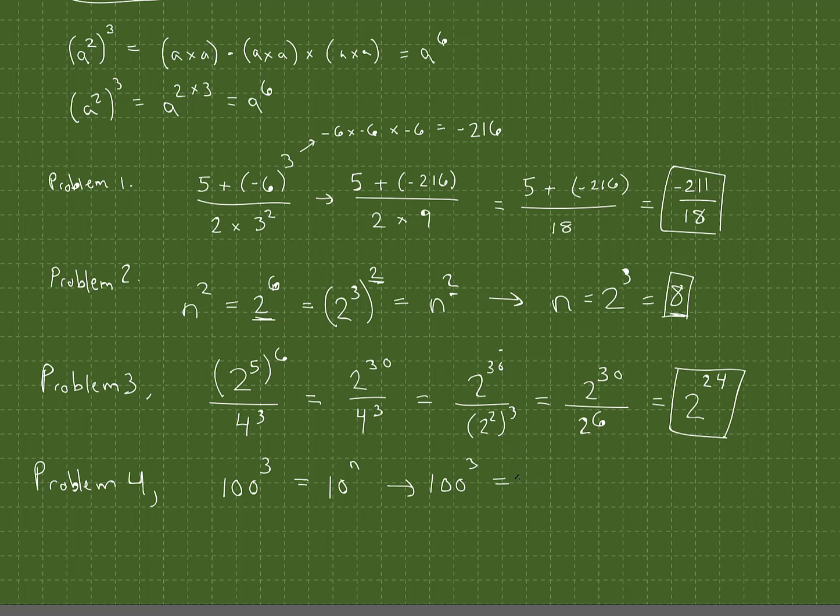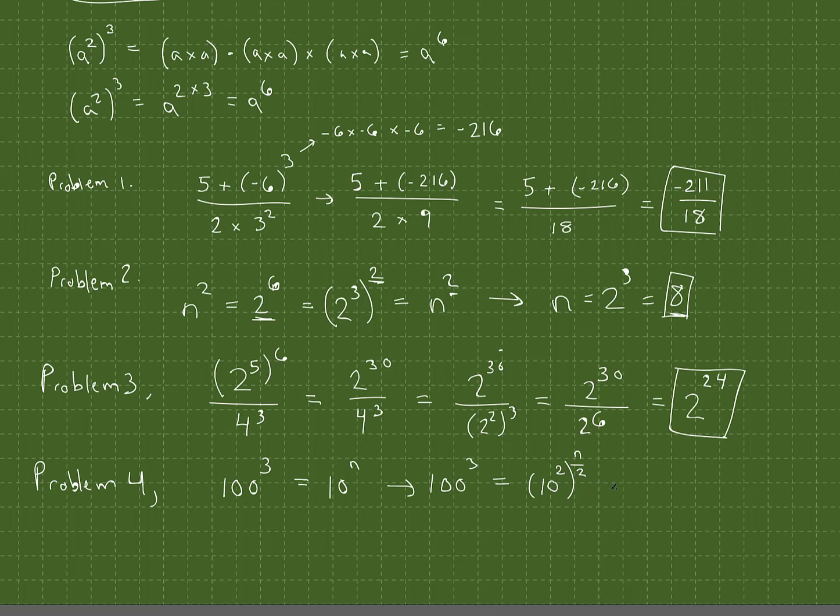Okay, 10 to the n. Well, if we can rewrite 100 as 10 squared, and then, well, what do we get over here? We get n over 2, right? n over 2 times 2 just gives you n.